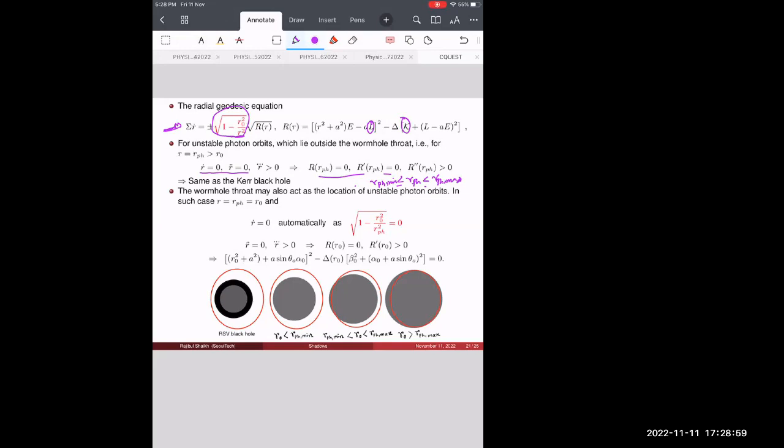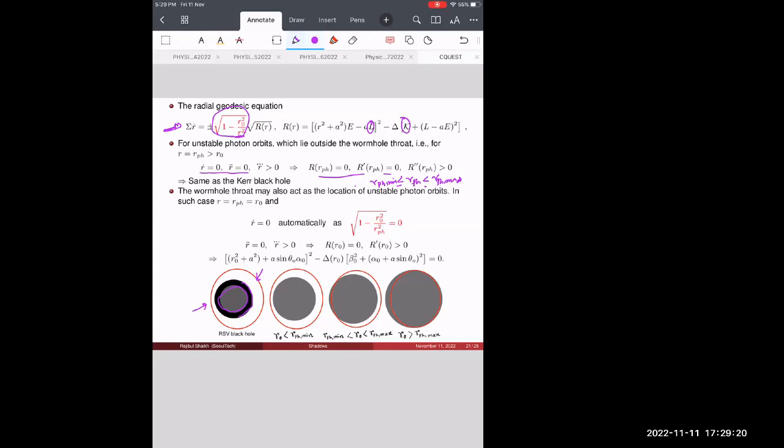Now consider this first schematic diagram. This is the R naught surface, this is the outer radius, and this is the projection of the unstable circular orbit in the observer sky.